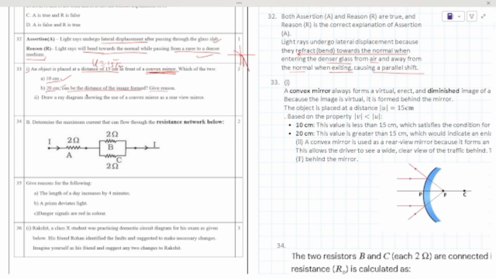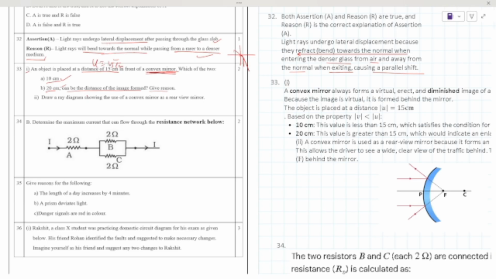First tell me, in a convex mirror, is the distance of the image less than or greater than the distance of the object? It is less, right?